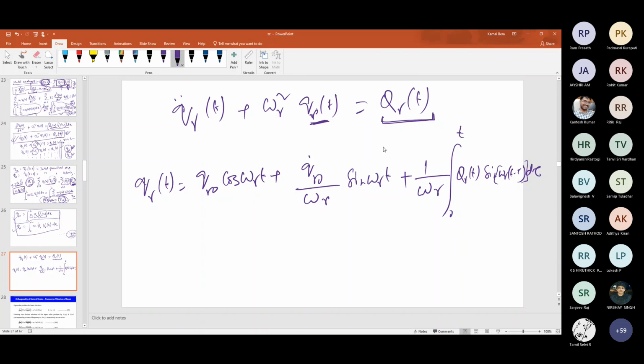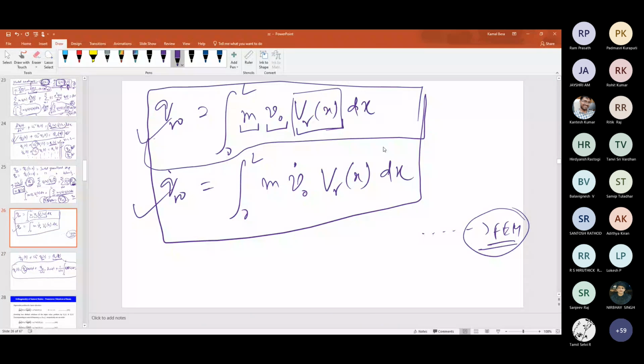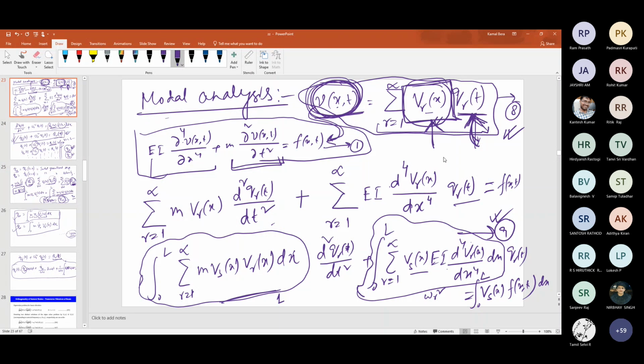So that will be Q_r(tau). This one, right? Yes, this is t. Now everything is known to you. Let me write this equation with numbering.